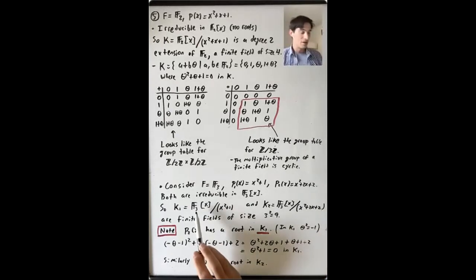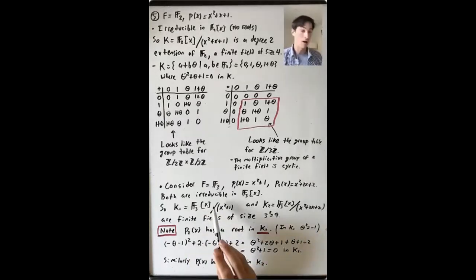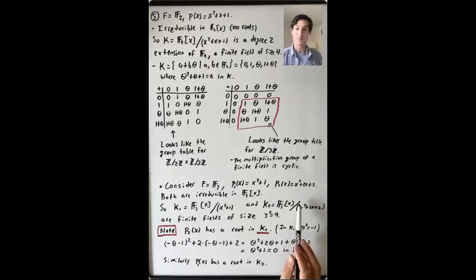So the question is, how are these fields, K1 and K2, related to each other? Each one of them came from taking the quotient of F3 bracket x by some irreducible polynomial of degree 2. It turns out these fields are isomorphic to each other. You can try to write down an isomorphism between them.